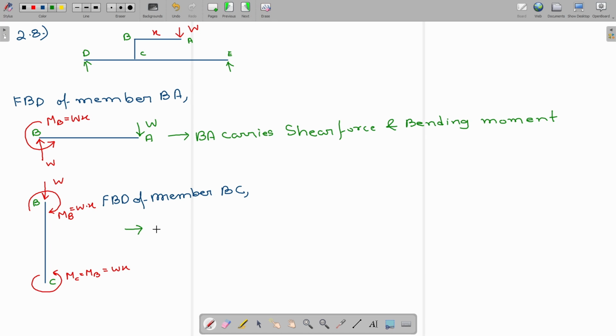So we can write like this: BC carries axial load and bending moment, but no shear force.